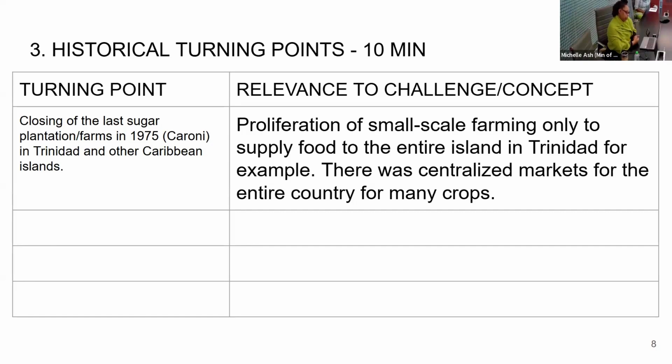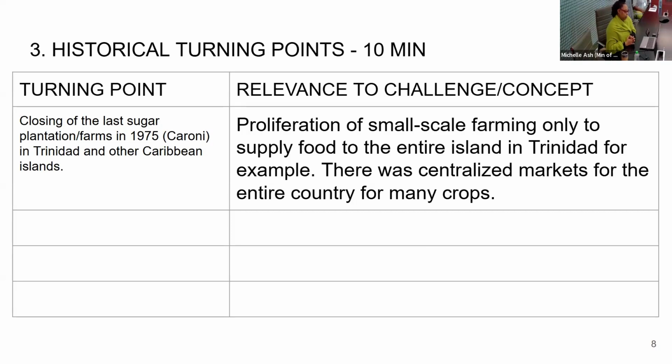It was not just sugarcane, it was a large variety of crops: citrus, a lot of coconut, and rice as well. We had a lot of different types of food, and we no longer do that. We've just switched to small scale farming. For example, we don't get rice from Trinidad anymore. We have to go to Guyana to get rice.